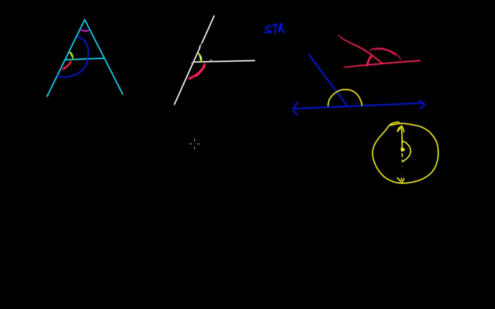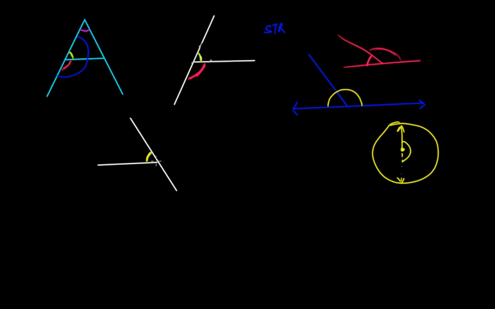If you look at this portion of A, you can take out this portion and draw it like this, and this line, right? You are being asked for this angle.